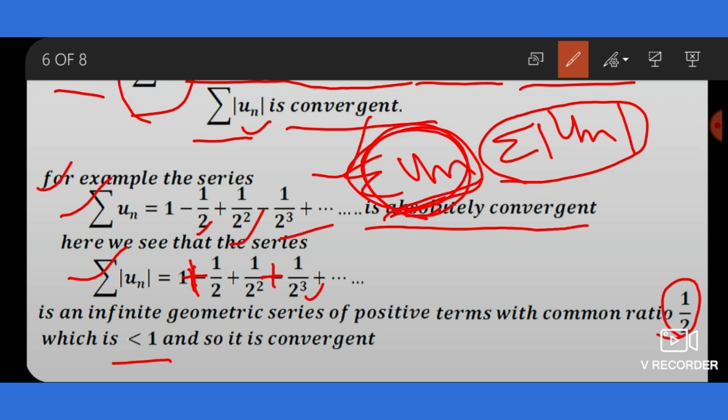Hence the given series summation un is absolutely convergent.